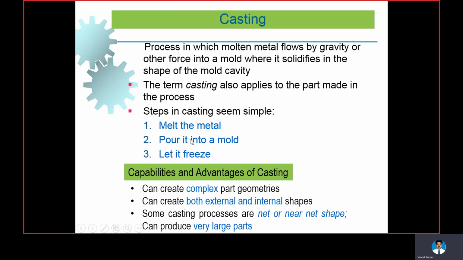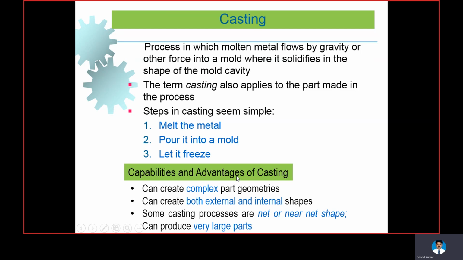But after reaching the liquid state, you have to increase the temperature again to the pouring temperature, around 100 degrees Celsius above the melting point. You have to heat before pouring. At that temperature, the molten metal is poured into a mold or a cavity, and after freezing, after solidification, we produce a product. This is the casting process.